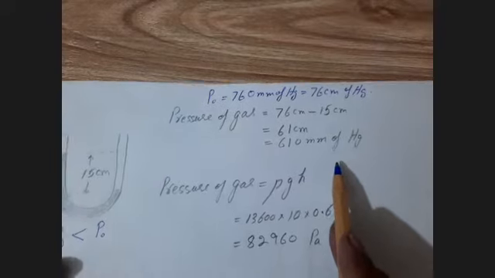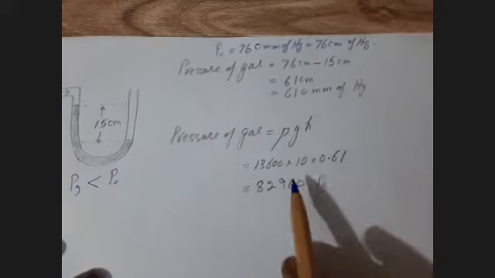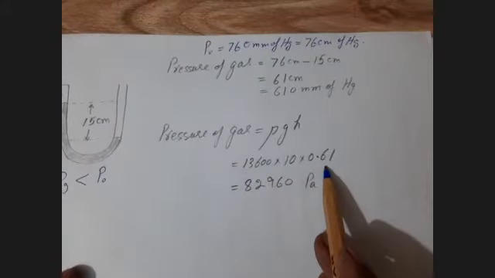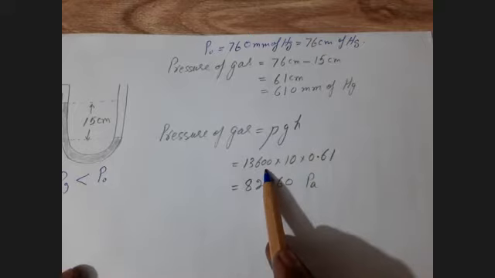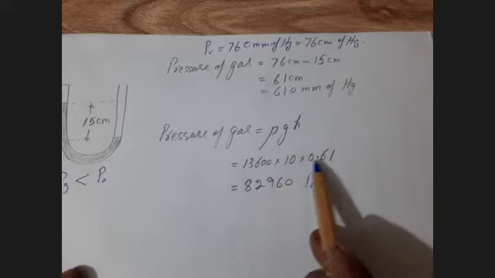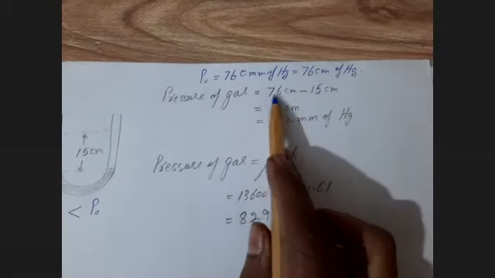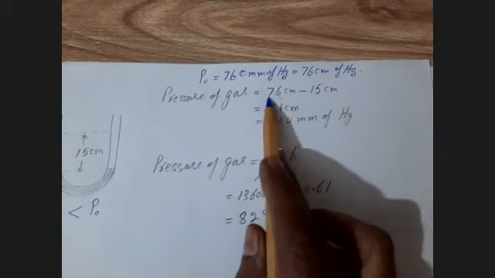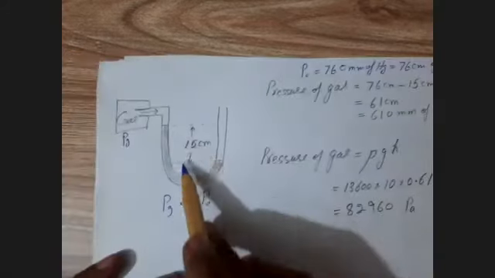But he is asking the answer in terms of Pascal. Then what do you have to do? You have to apply this formula, rho gh: density of the liquid Hg, multiply 10 and 0.61. This is after subtracting, because 76 centimeter is 1 atmospheric pressure, and from it I'm subtracting this 15 centimeter.